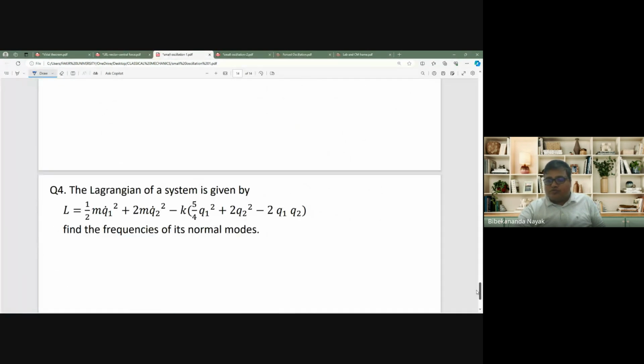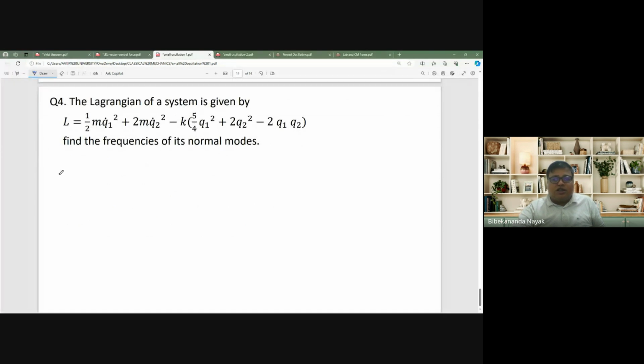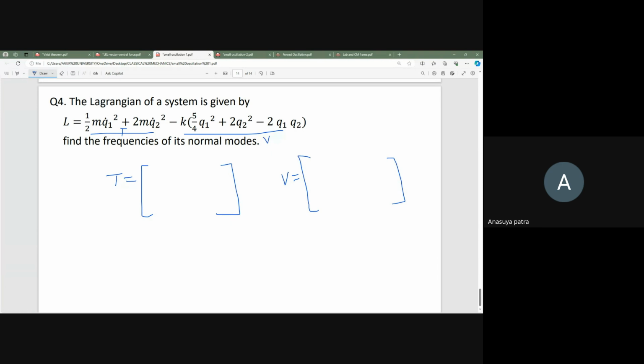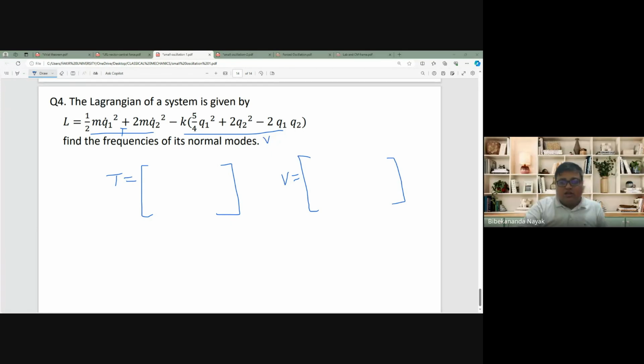So tell me, what are the components of the T tensor, and what are the components of the V tensor? T is equal to how much? This is your T, half s dot square, and this is your V. So what is the T tensor?